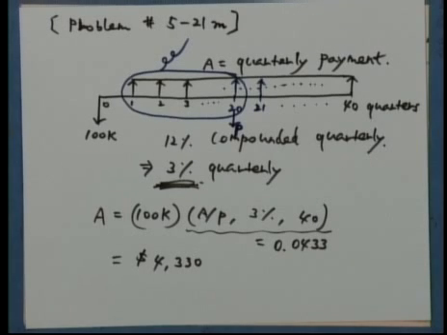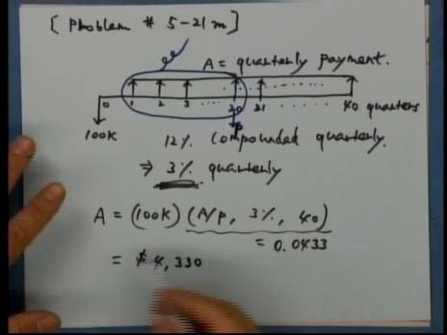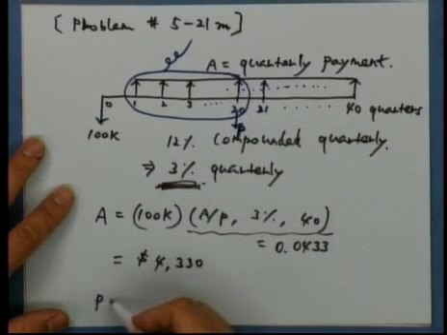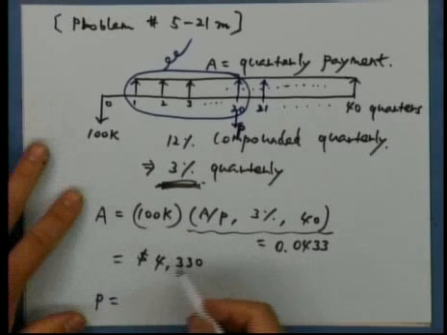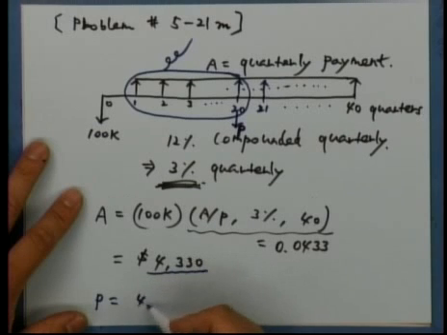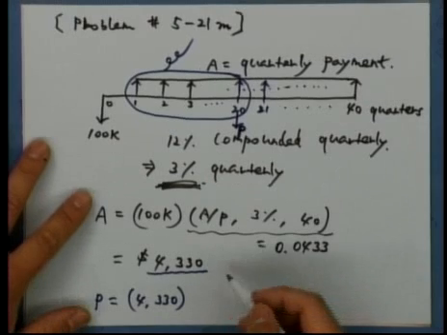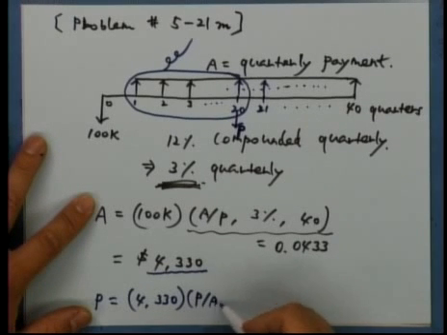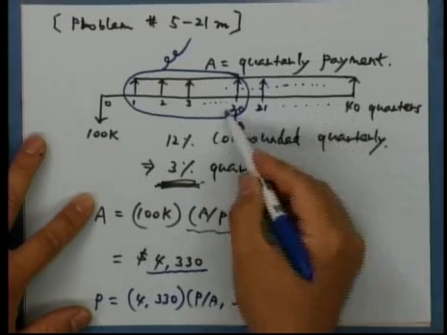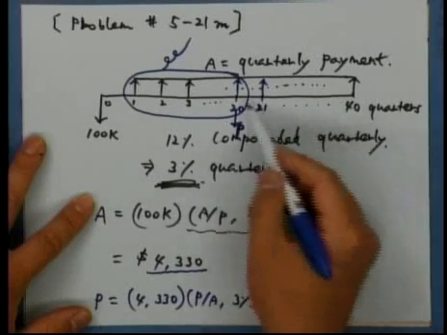So how do you calculate this value of P? This P value at the end of period 20 is this quarterly payment amount, $4,330 times P given A, 3% over how many periods? 20 periods, right?